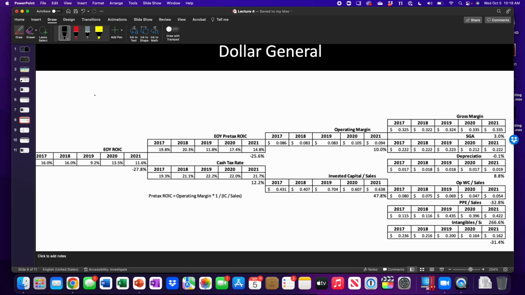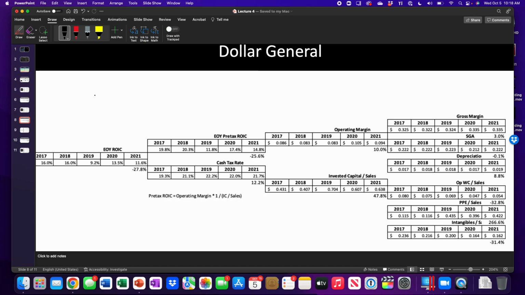We can first look at operating working capital per sale. It's 8 cents in 2017 and it decreases to 5.4 cents in 2021, which would actually help productivity. But that's just a small percentage of the PPE divided by sales, which increased 266% from 11.5 cents to 42.2.